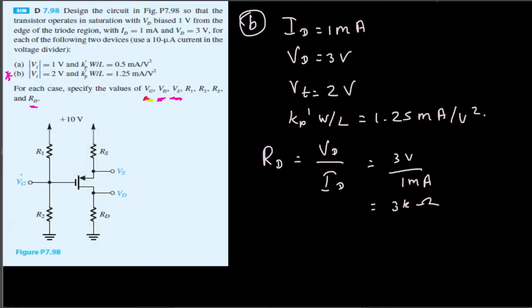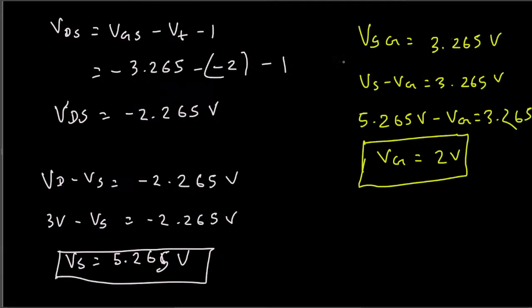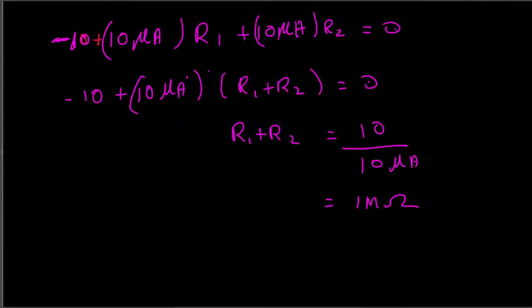But here VG is also there. We know the VG. We solved for the VG right here, so we can use the voltage divider right now. VG is equal to 2 volts, and VG is also equal to the voltage divider, that is 10 times R2 over R1 plus R2, or you can find out R1 as well, whichever you want.